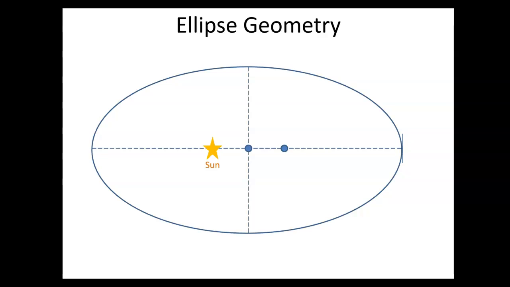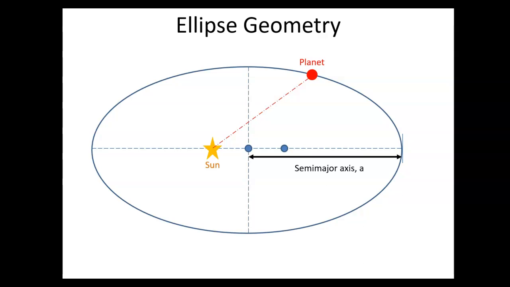For planets in our solar system, the sun is at one of the focus points. Here would be a planet, and that red dashed line is the imaginary line from the center of the sun to the center of the planet.